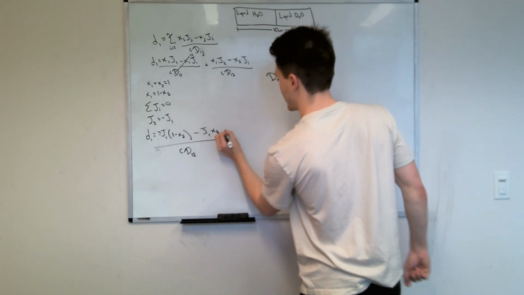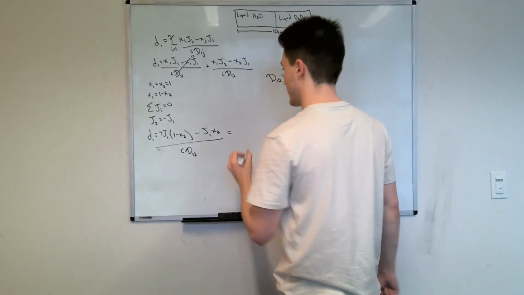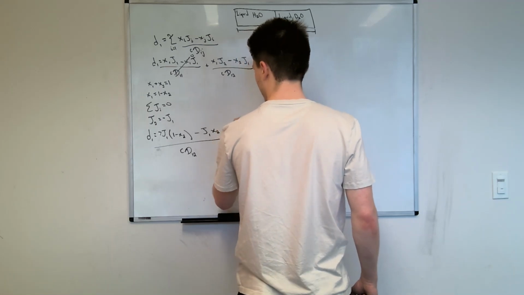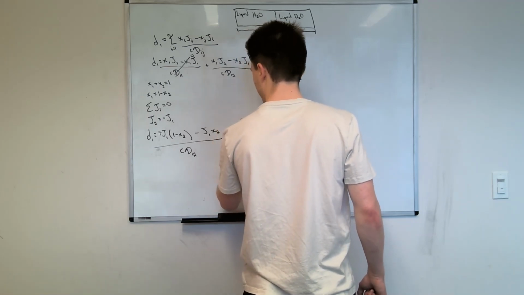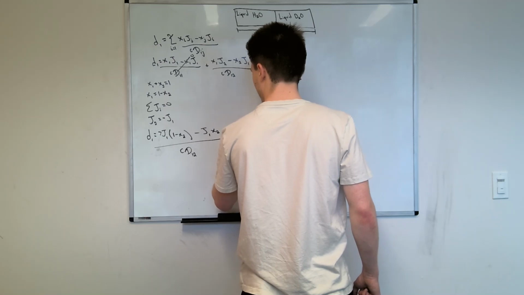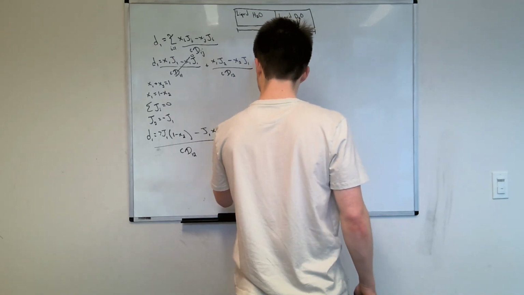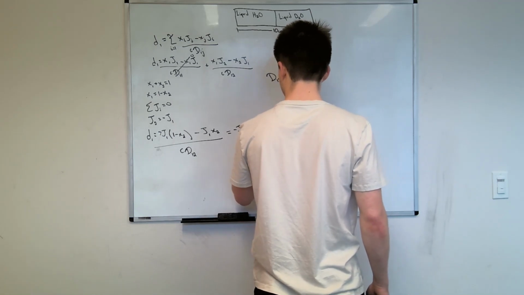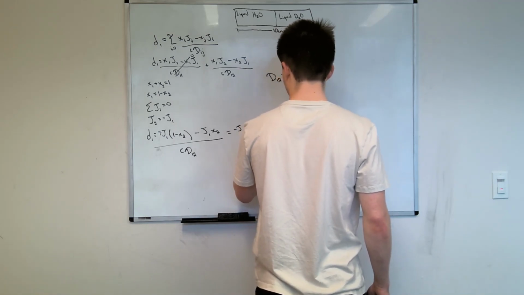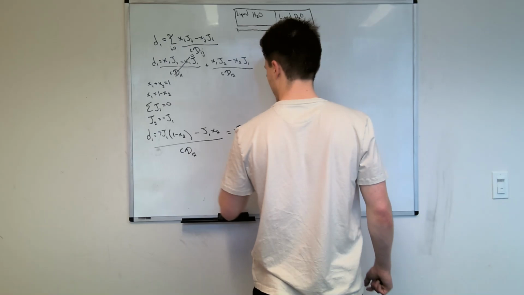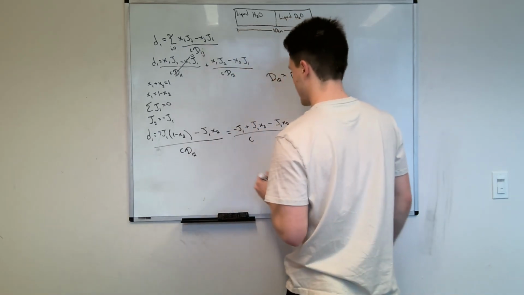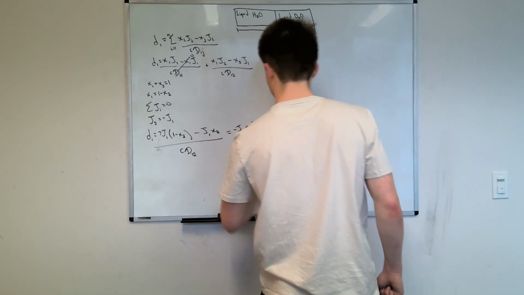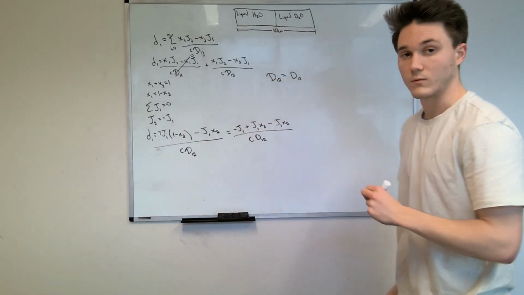So plugging that information in and making it simpler, we get negative J1 plus J1 x2 minus J1 x2, over concentration multiplied by the diffusion coefficient of 1 and 2.